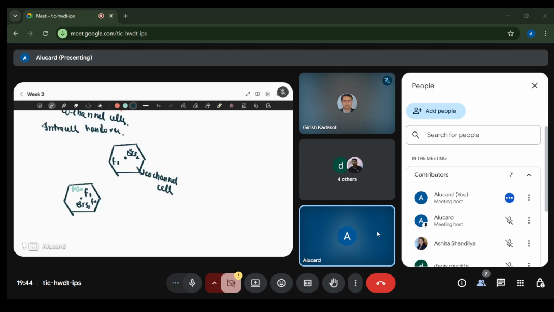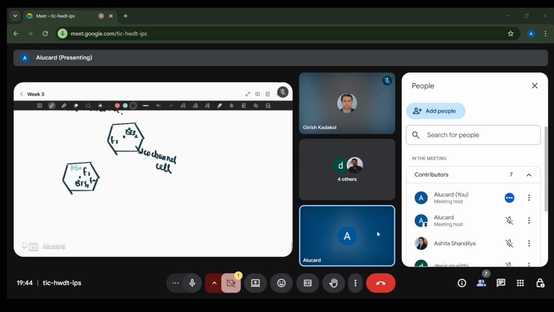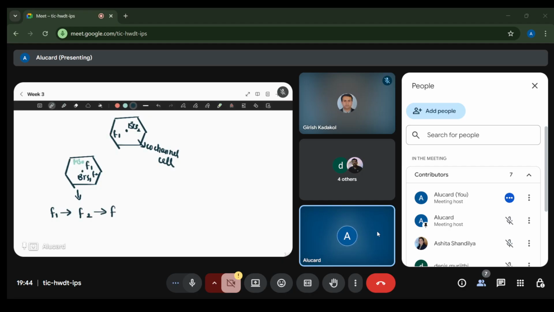In fact, your mobile station can keep changing his frequency from f1 to f2 to f3, and he can do it randomly.